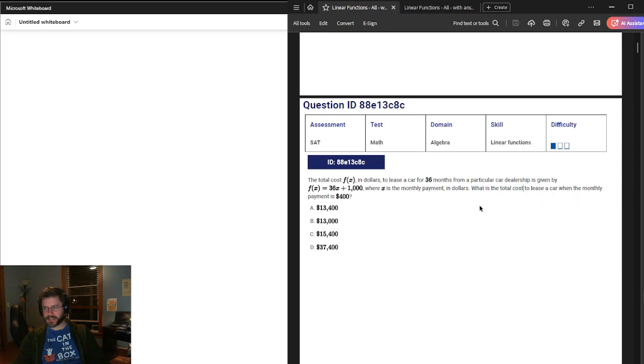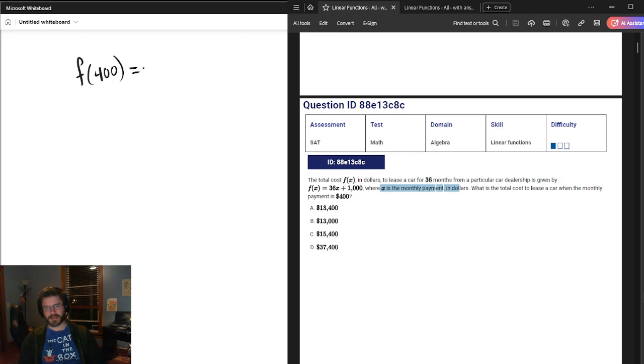What is the total cost to lease a car when the monthly payment is $400? So we're going to plug that in for x, because that's exactly what it says. You could plug this into Desmos, but I'm going to show how to do this by hand tonight. So f of x is our function, but basically 400 is going to replace the x because x is the monthly payment.